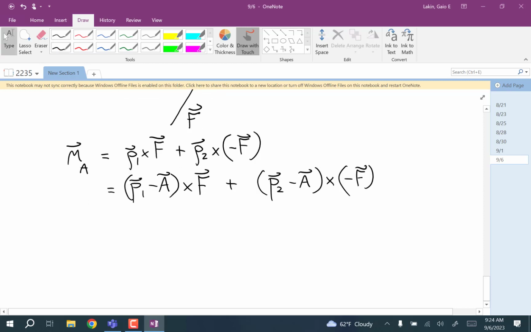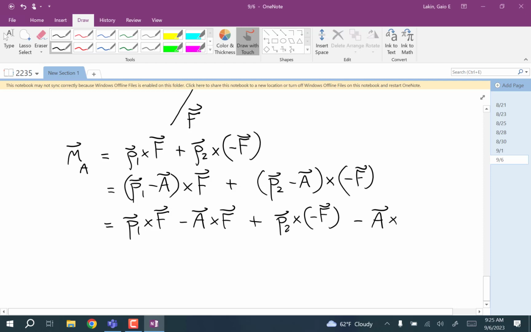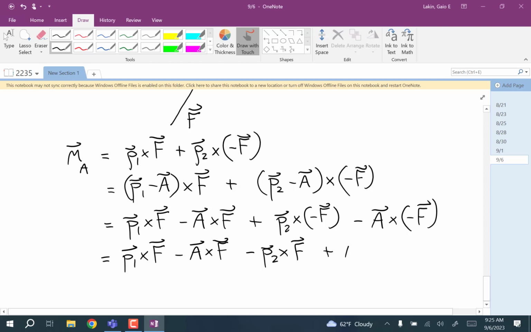And now go through a little vector algebra. So you get P1 cross F minus A cross F plus P2 crossed with negative F minus A crossed with negative F. Well, you can pull those negative signs through, and so this is P1 crossed with F minus A crossed with F minus P2 crossed with F plus A crossed with F, and that's the step where those 2 cancel.